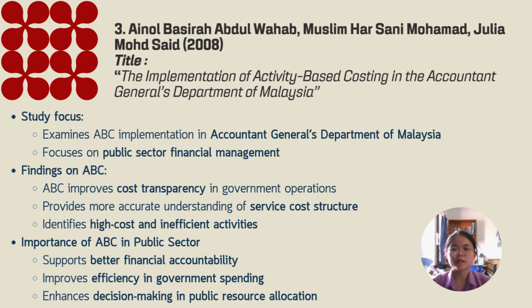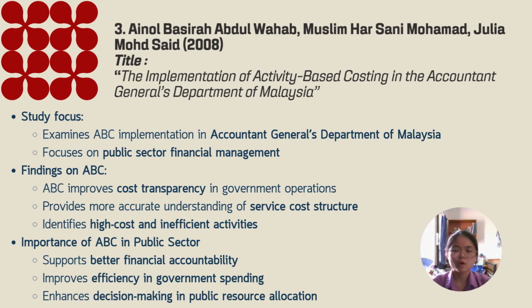The findings show that ABC improves cost transparency by providing a clearer picture of how resources are used in different activities. It helps management identify high-cost and inefficient processes within government operations. As a result, ABC supports better accountability and efficiency in public spending. It also improves decision making in allocating public resources more effectively.